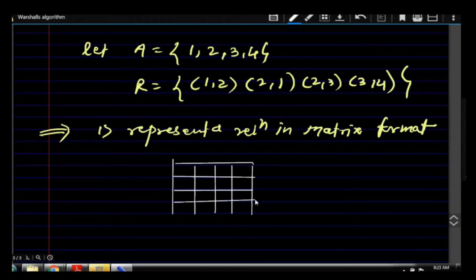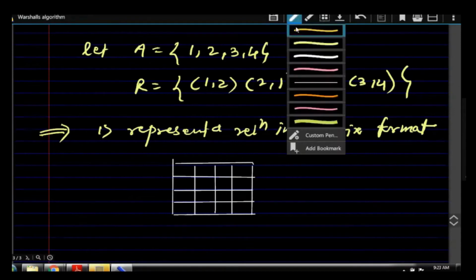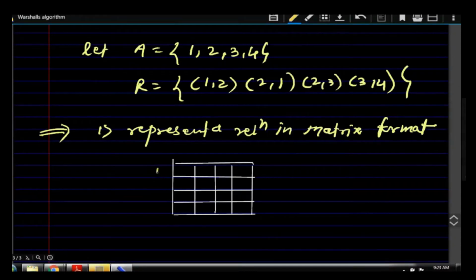You can directly represent them in the matrix format, but for easier understanding, I have drawn the squares. So let us write here the elements: 1, 2, 3, and 4.